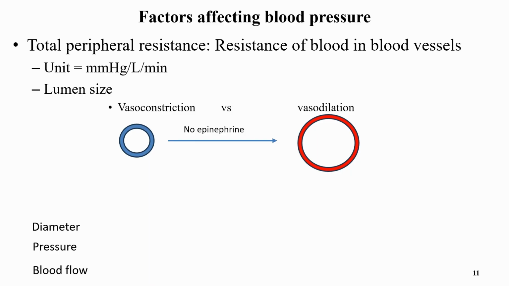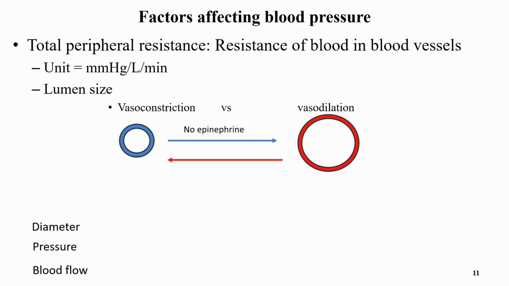So what can make a blood vessel dilate? Usually the primary control for the diameter of your blood vessels is epinephrine or norepinephrine. When there's no norepinephrine, so when you're at rest, your blood vessels are dilated, on the right.